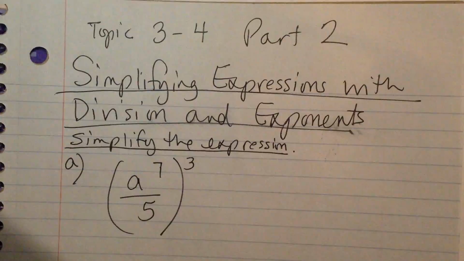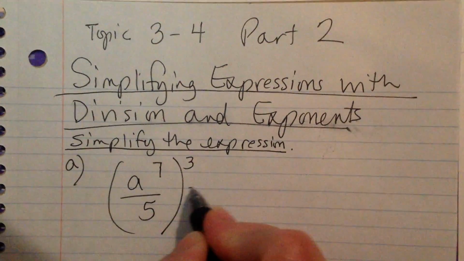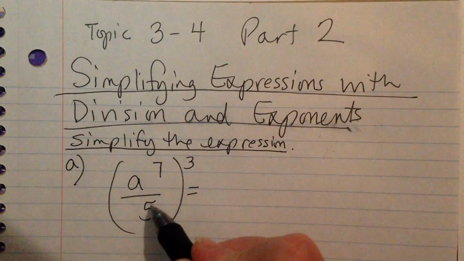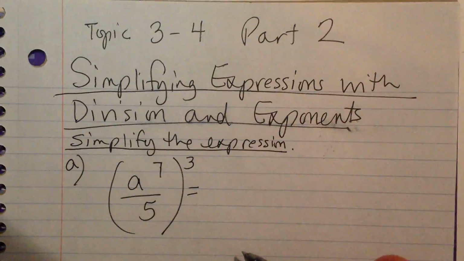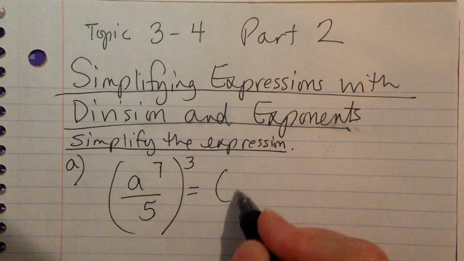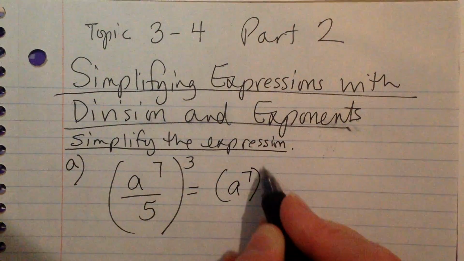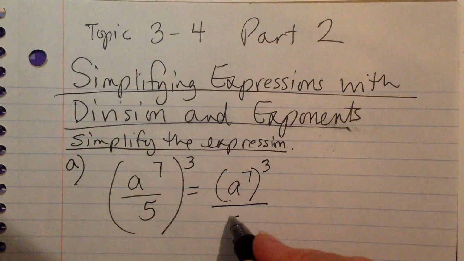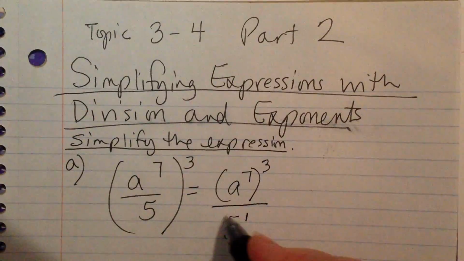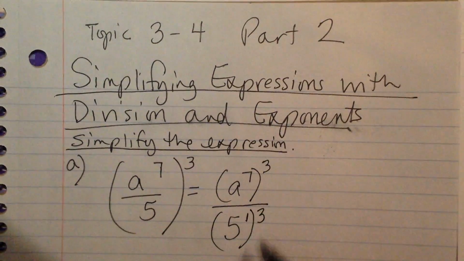So what I'm going to do in this problem is take a to the 7th divided by 5, and raise each one individually to the 3rd power. I'm going to take a to the 7th, put parentheses around it, and raise it to the 3rd power. Divided by, I'm going to take 5 to the 1st power and raise it to the higher power of 3.